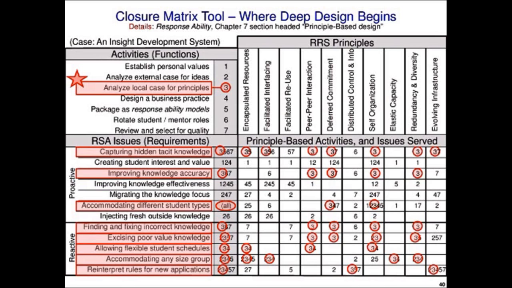And when it does deal with that issue, what design principles is it employing that give it an Agile capability? And so this is an example of activity number 3, the issues it addresses, and the principles specifically it employs. That is all detailed excruciatingly in Chapter 7 of a book called Responsibility that I wrote some time ago.